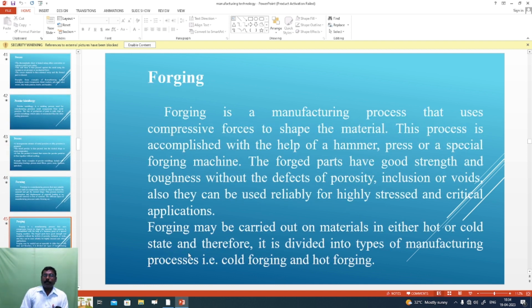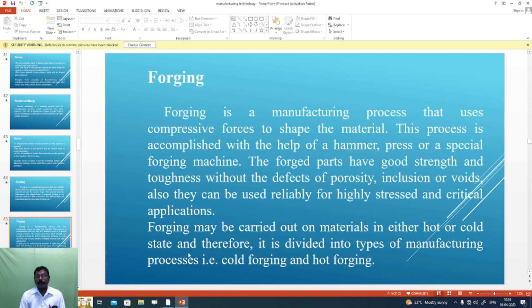Forging is a manufacturing process that uses compressive force to shape the material. This process is accomplished with the help of a hammer, press or a special forging machine.